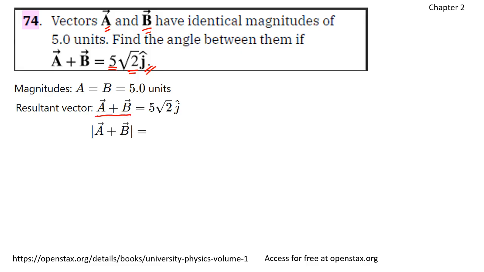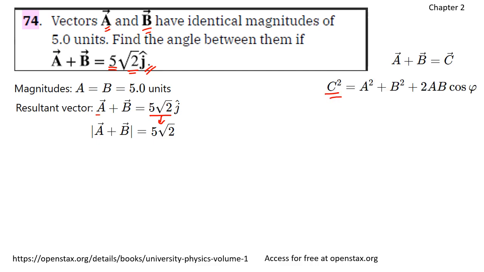So what is the magnitude of this vector? The magnitude of this vector is 5 root 2, right? When you multiply by j, it becomes the vector. Otherwise this quantity is the magnitude of A plus B. Now you know A plus B is equal to C. In the last problem, if A plus B is equal to C, what is C squared? Then C squared is A squared plus B squared plus 2AB cos phi.